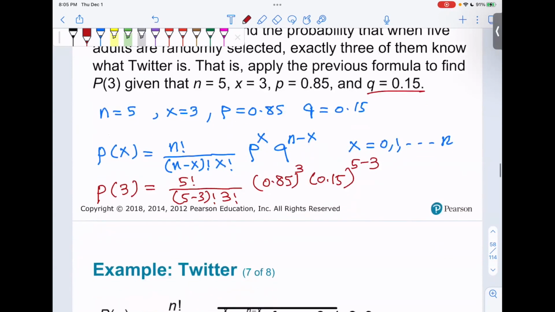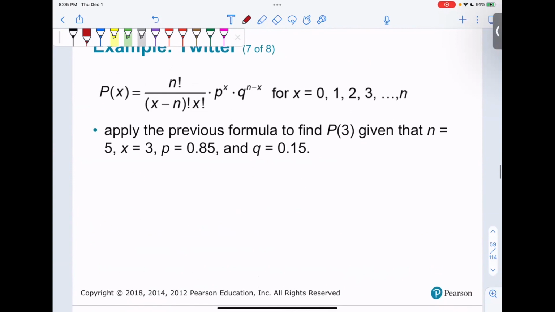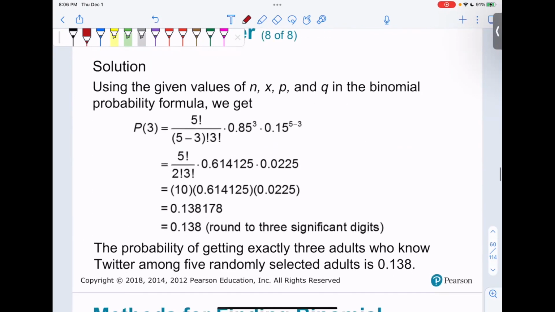If you do this, you will get this value, 0.138. So if you pick 5 people, the probability that exactly 3 of them will say yes, we know Twitter, is 0.138.